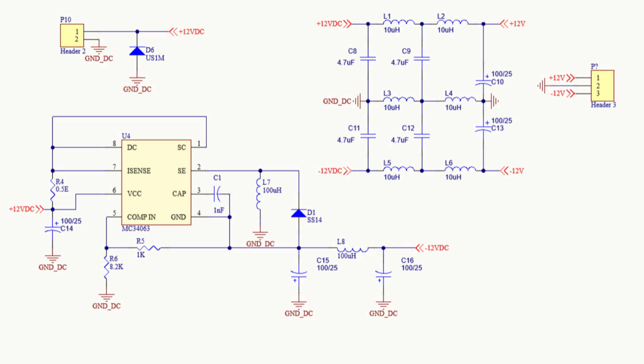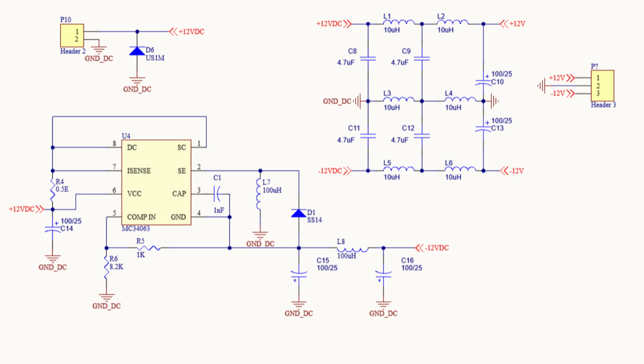The energy storage element in this converter is the inductor, while the diode provides the current path during the switching cycle. Capacitors are used for input filtering, output smoothing, and stability of the control loop.